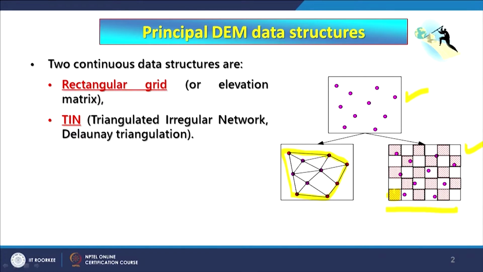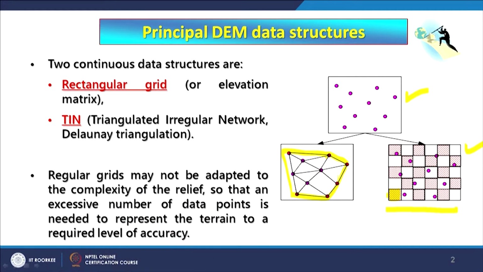But in case of TIN, we do not have any control over the margins, it will go up to where the data input points are. And also we do not have any control over the resolution, because resolution here will be controlled by triangles, and triangles are adaptable to relief changes, and therefore there are large triangles, small triangles, and so on and so forth.